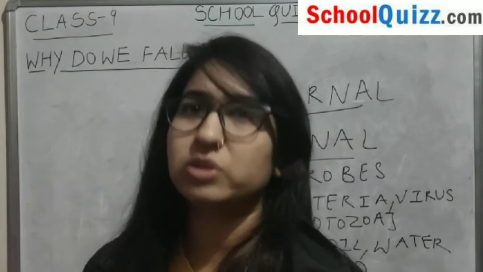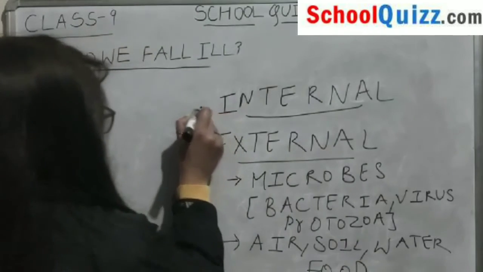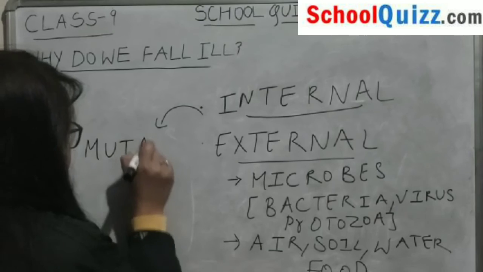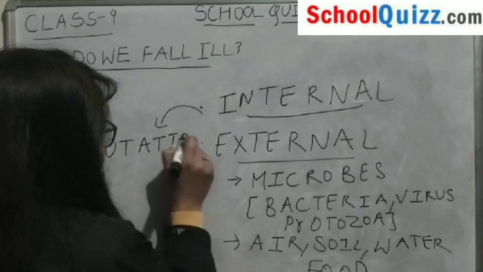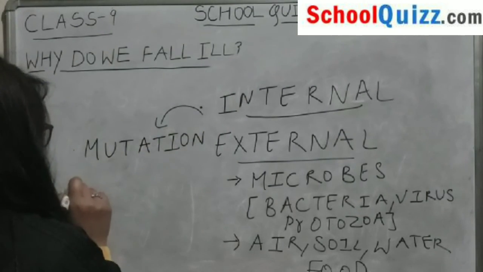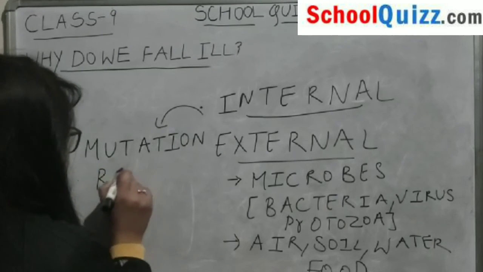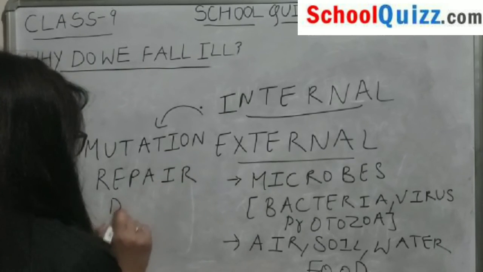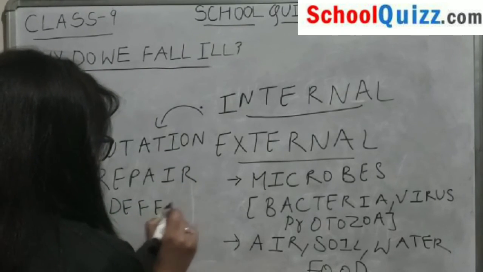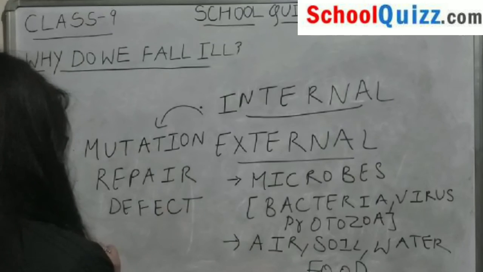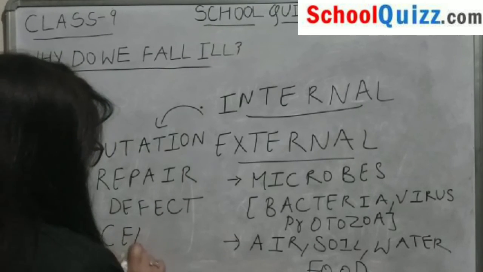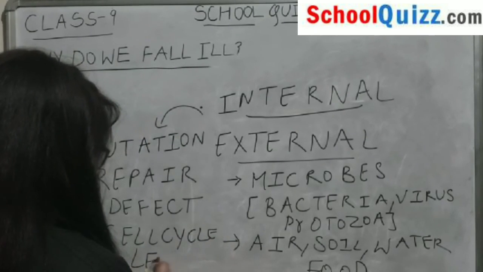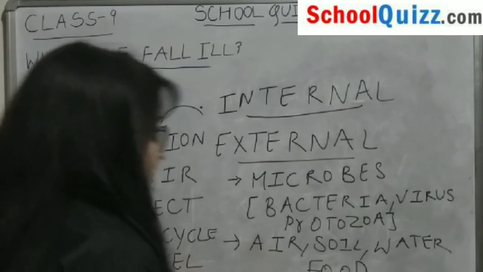It can be because of some mutation, a repair defect, or some problems at the cell cycle level.